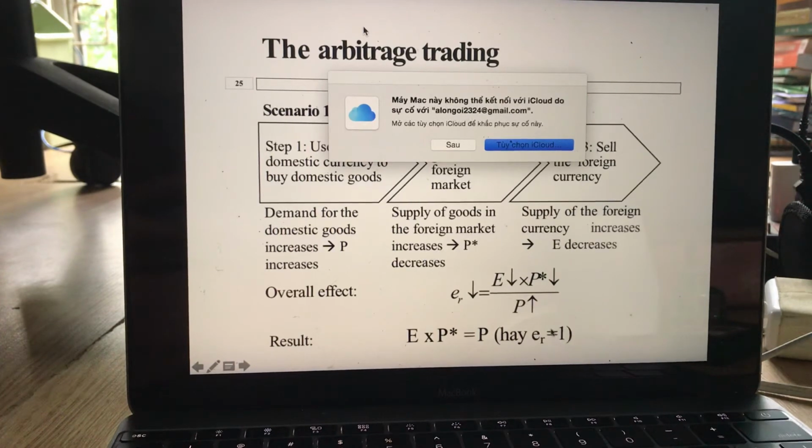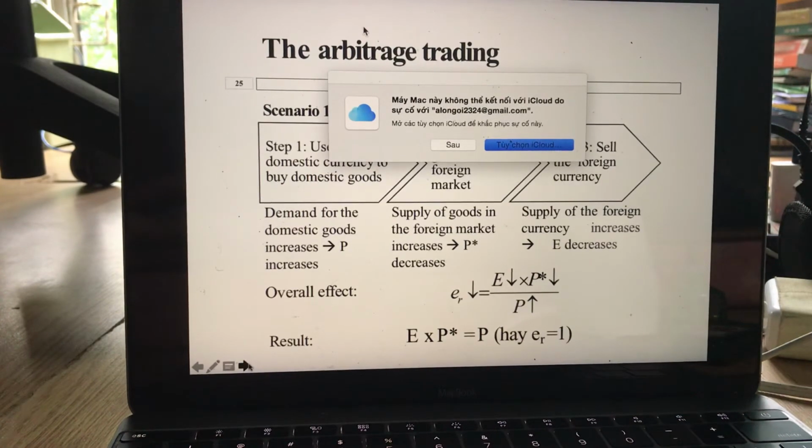The ER here is the bilateral real exchange rate.